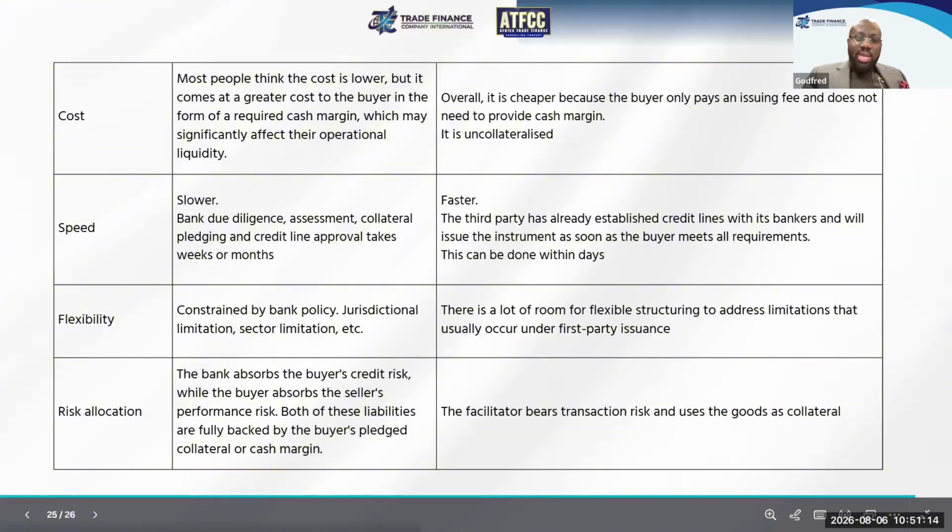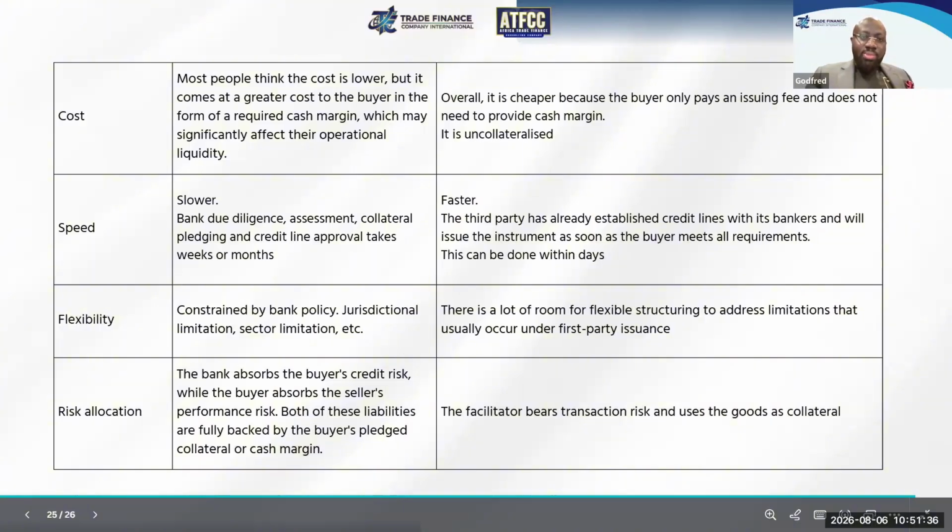It's purely uncollateralized to the client, but the third party is taking that responsibility and has the credit lines already. So the third party is cheaper overall.